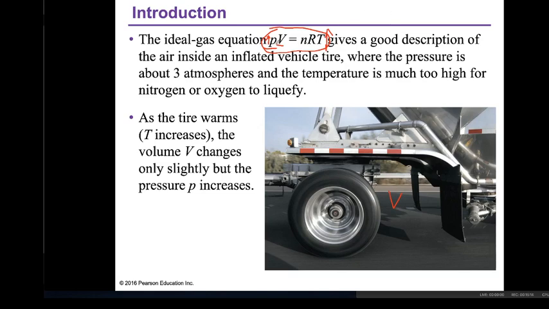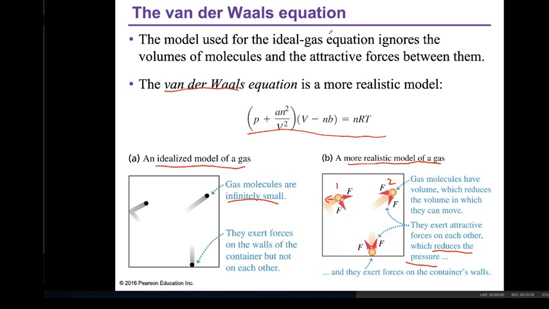Here is the ideal gas equation, PV equals a constant times T. And then in a more realistic model, it's more complicated. But don't be scared, we're not going to use this equation to do anything. You just need to know there is an equation to describe a more realistic model compared to the ideal gas equation.